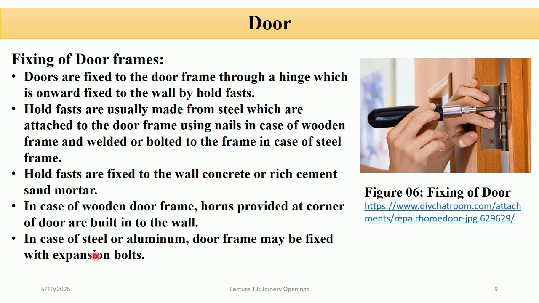These bolts expand inside pre-drilled holes in the wall, providing a strong mechanical grip, particularly useful in a finished wall or renovation work. The fixing methods of door frames depend largely on the material of the frame and construction stage. Wooden frames rely on nails and horns, while steel or aluminum frames use welding, bolts, or expansion fasteners.